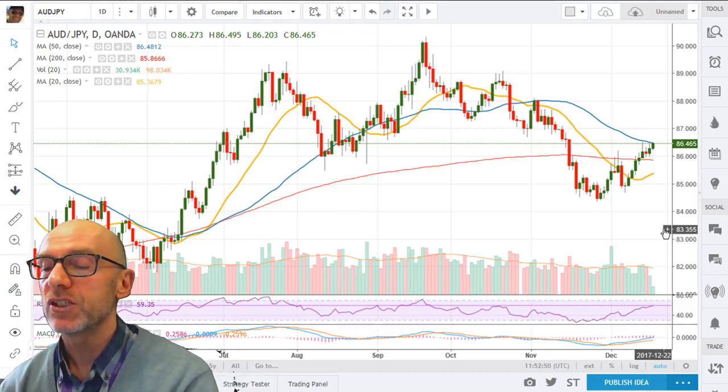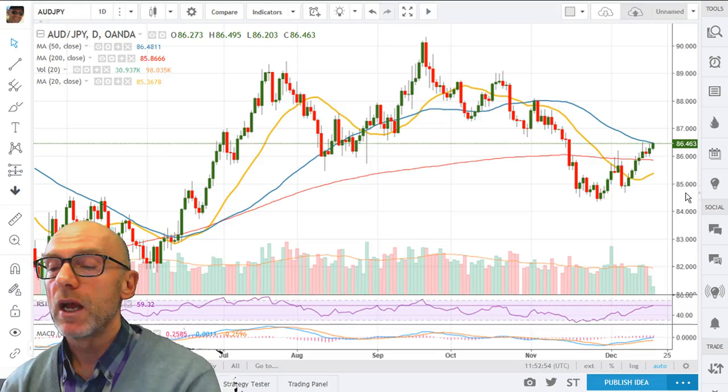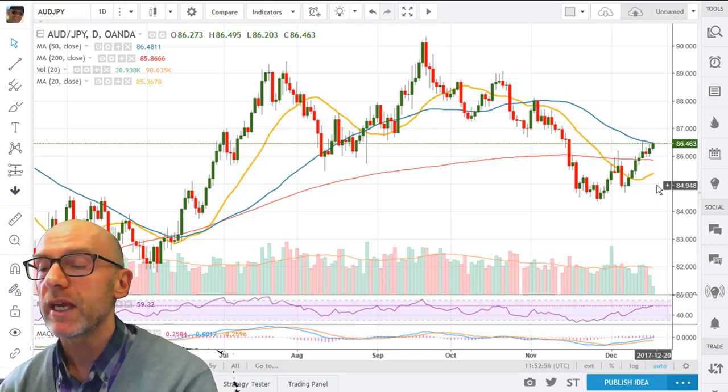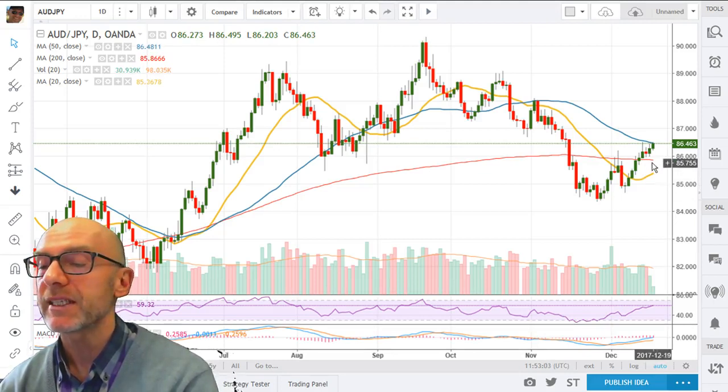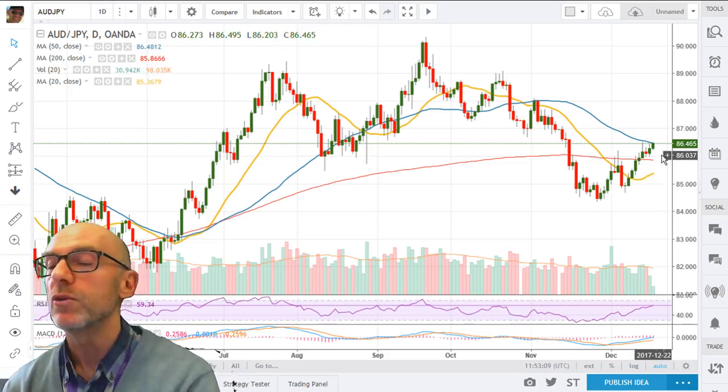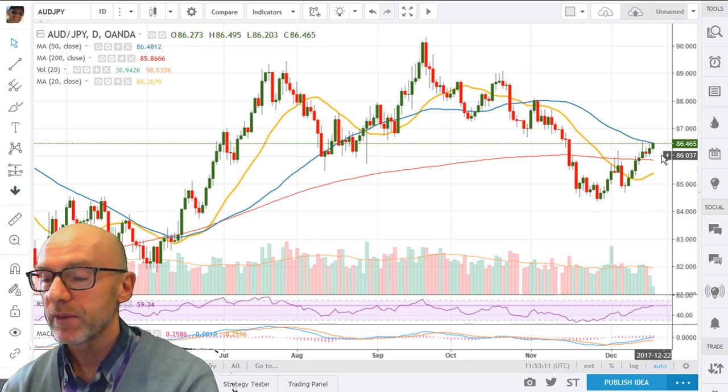That needs to improve if we are to break through that resistance. The other moving averages are well down. The 200-day is another support level, 85.87, but that is still tracking down. The 20-day is now turned around and will move up towards the other moving averages shortly.